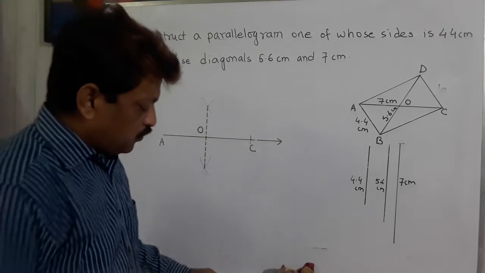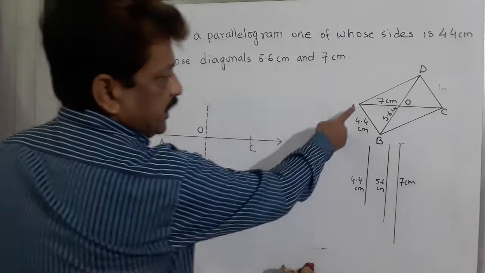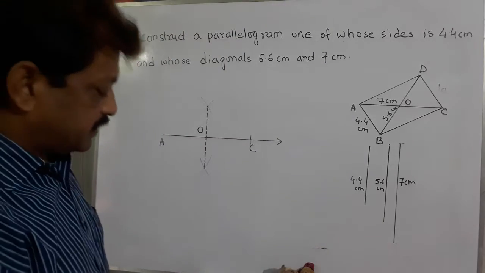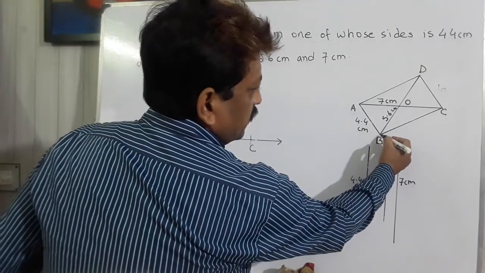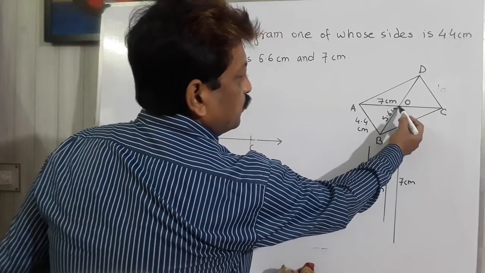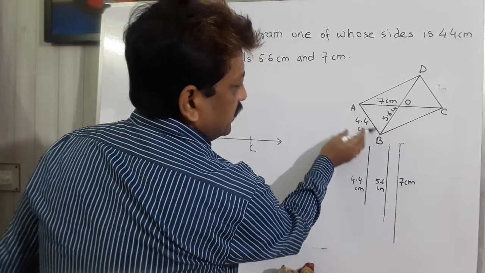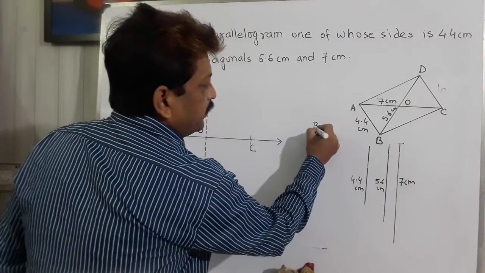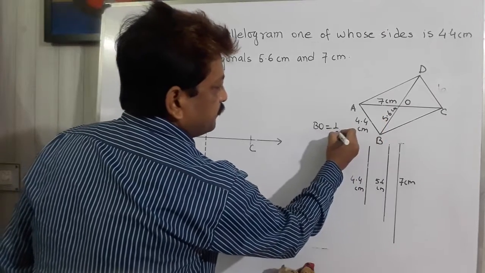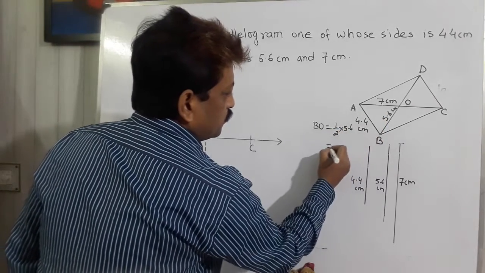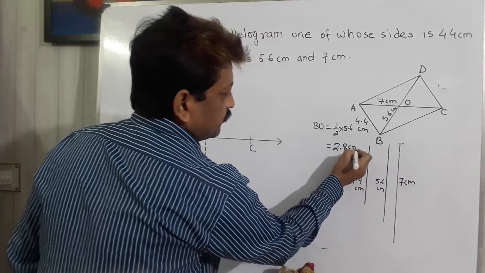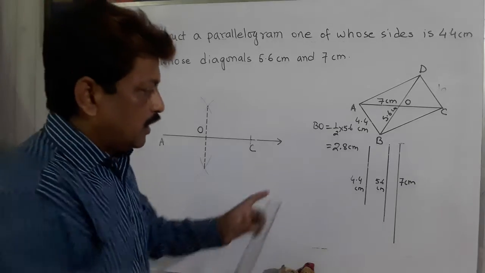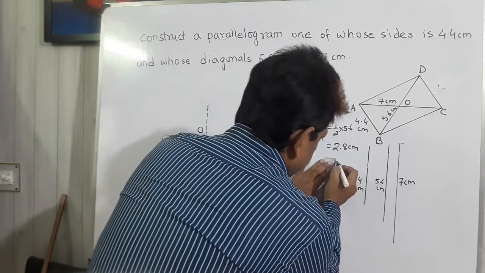Okay. Now I have to draw the side 4.4 centimeter as well as the other diagonal 5.6 centimeter. So you can see that B is connected with O and B is also connected with A. Now what is the length of BO? BO will be half of 5.6, that is 2.8 centimeter. So first I have to draw a line whose length will be 2.8 centimeter.